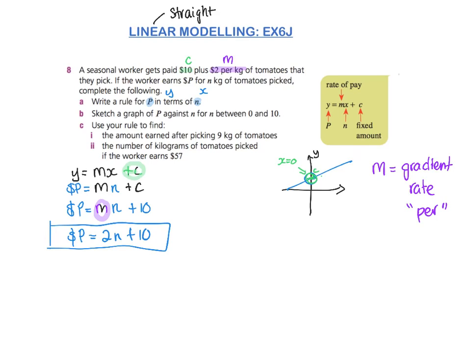Part B, they want you to sketch it. Remember, in your test, you need to have your little ruler. So you'll need to sketch your graph. Now, I'm only drawing this side of the axis. I'm not drawing this bit here or here. Why do you reckon? Can we have negative amounts of kilos?